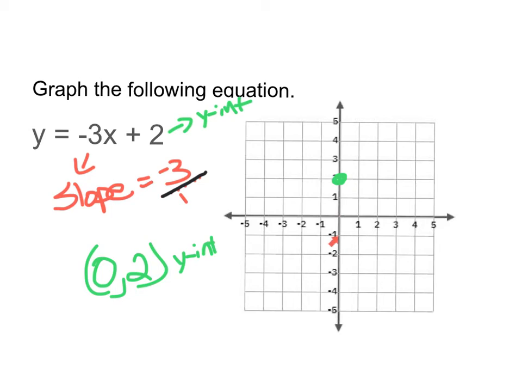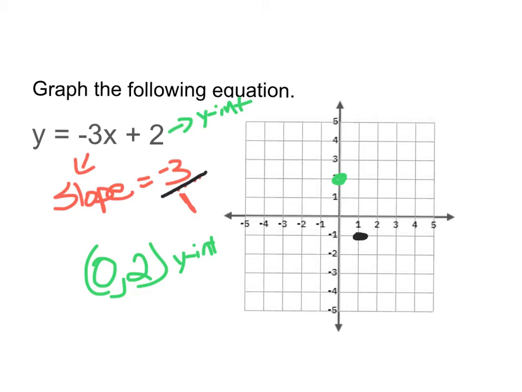And then we would go to the right 1 unit because it's negative 3 over 1 as a fraction. So we will go down 3, 1, 2, 3, and to the right 1, and we will put a point right here.